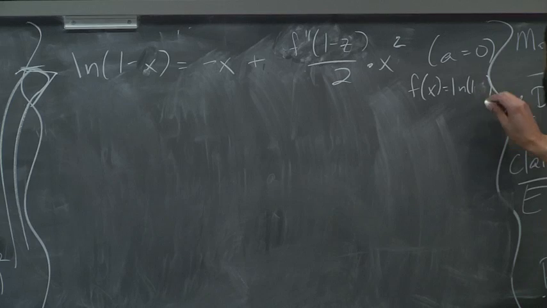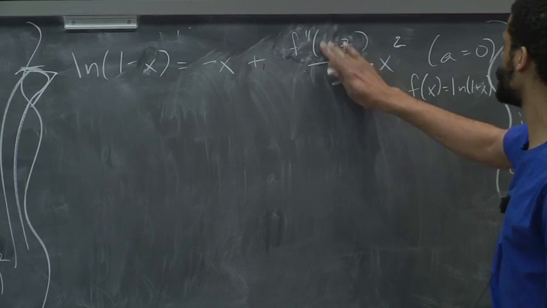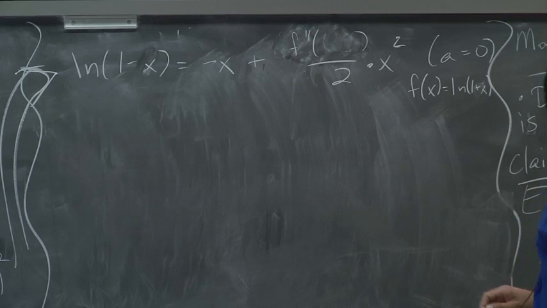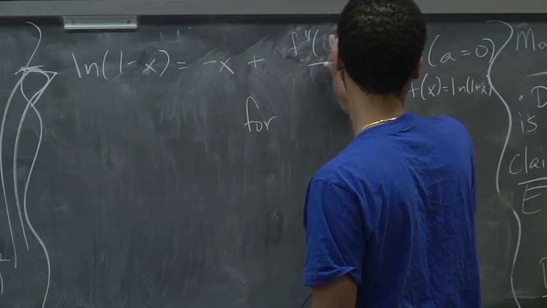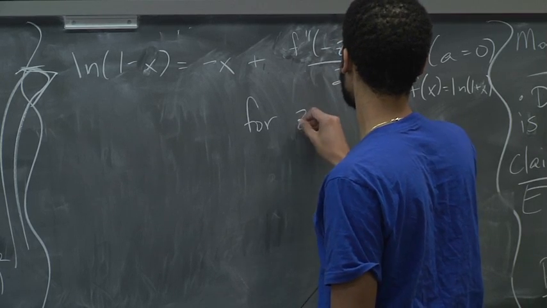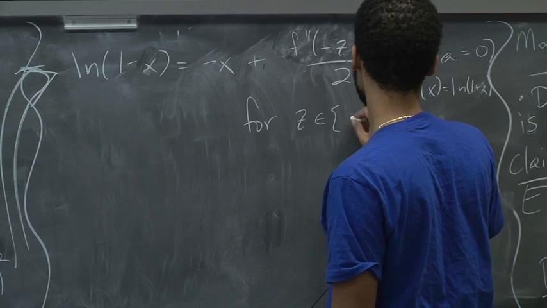Actually, f of x is ln of 1 plus x. And then this is f prime of some z, for z in the range from, let's say, 0 to half.